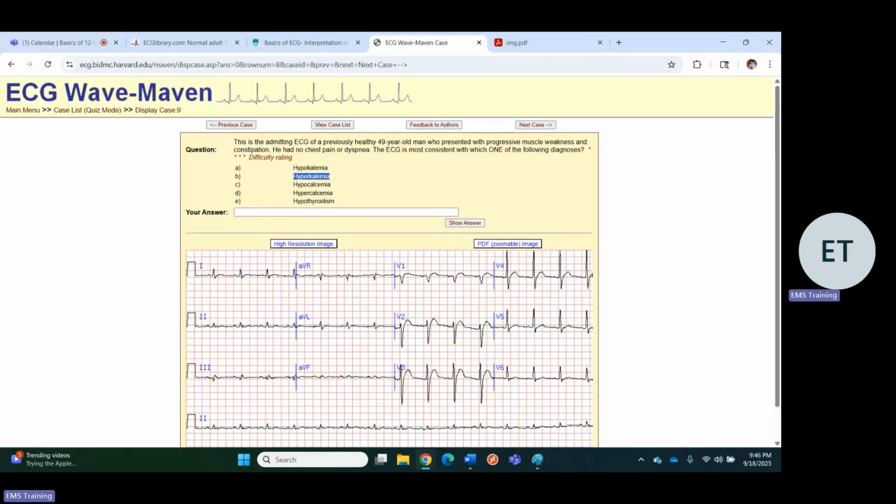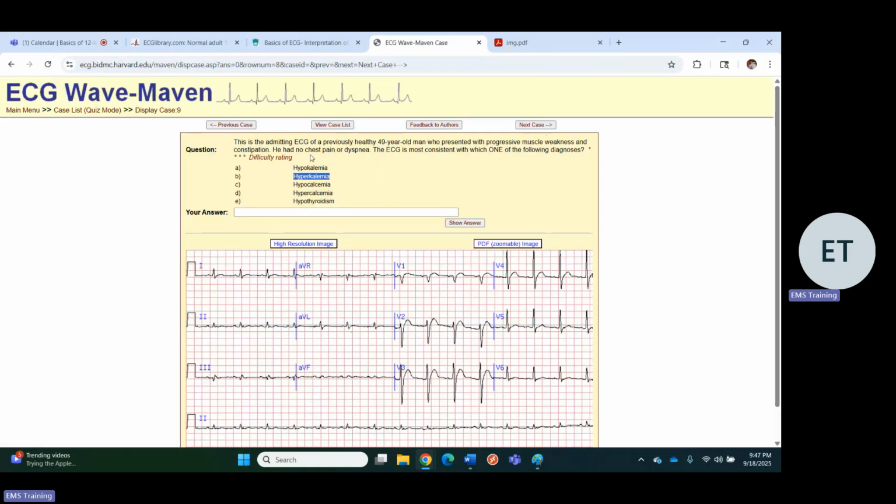But the shape of this is too round to be hyperkalemia. That would be atypical of hyperkalemia if it was that. Normally it's a little bit more tented than that. And then the T waves are just so small here, but there definitely doesn't have to be large T waves in this part of the heart to have this actually be hyperkalemia.